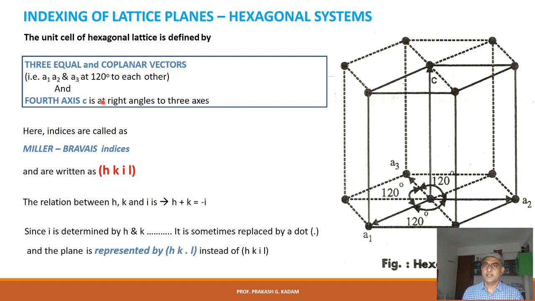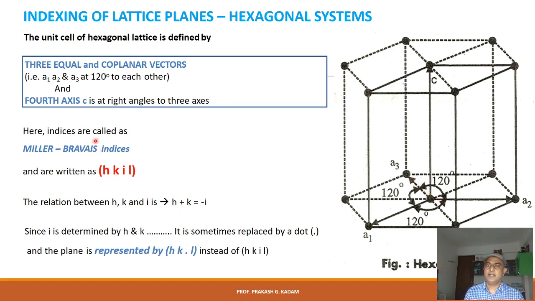These are 3 equal and coplanar vectors, a1, a2, a3, at equal angles, and the vertical distance is c. The 4th axis, c, is at a right angle to a1, a2, and a3.